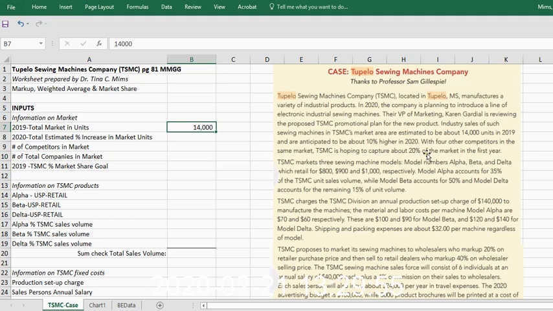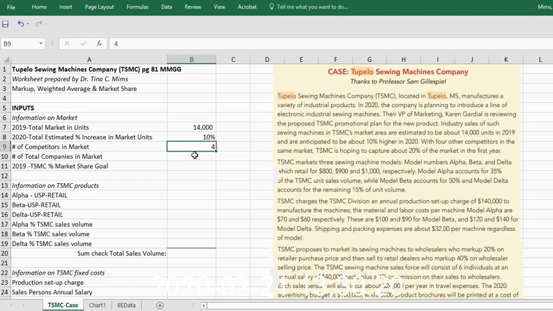Let's see what else we have here. In 2019, this whole industry is anticipated to be about 10% higher. And so we're going to put 10%, make sure that's a percentage. There are 4 other competitors in the market. Okay, that's 4 other, but that doesn't include Tupelo.